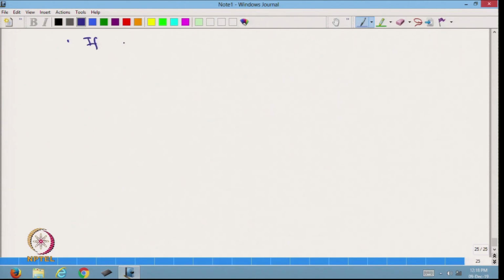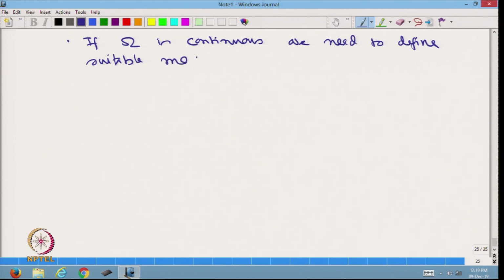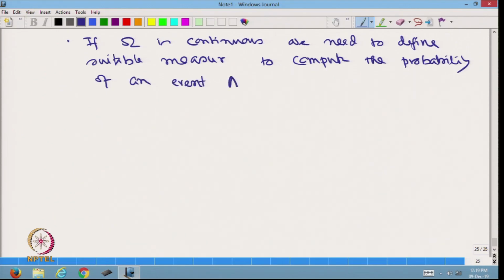If omega is continuous, we need to define a suitable measure to compute the probability of an event A as measure of A, if we call it by P, by measure of omega.